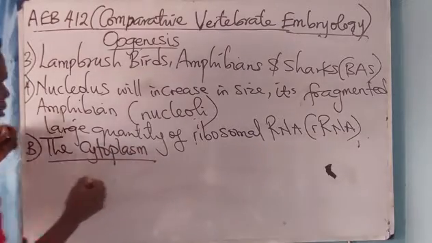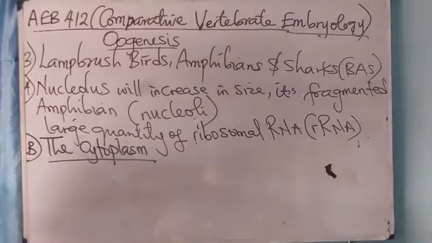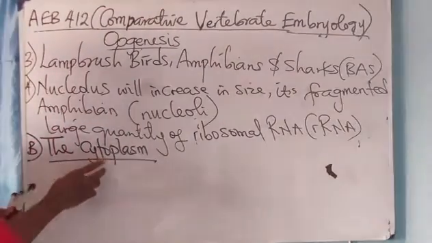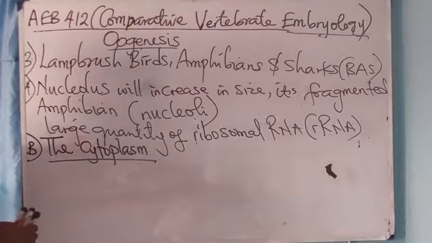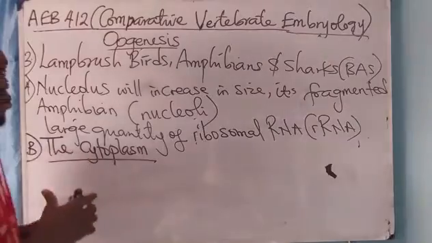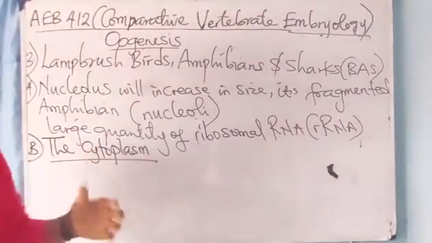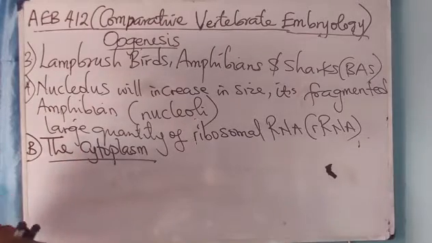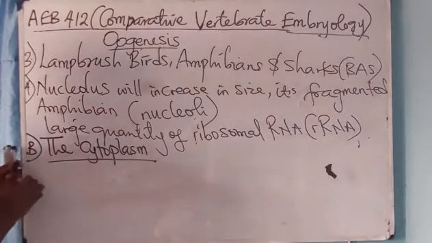You have the activities that occur in the cytoplasm during the development of the oocyte. Now, the cytoplasm will increase in quantity, and the quality of it will change. They are all increasing in quantity, in size.